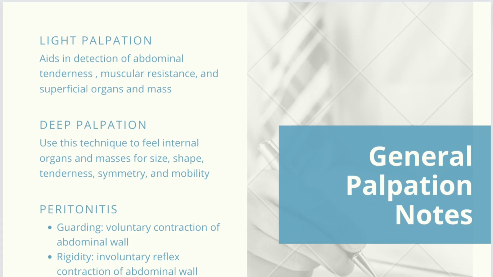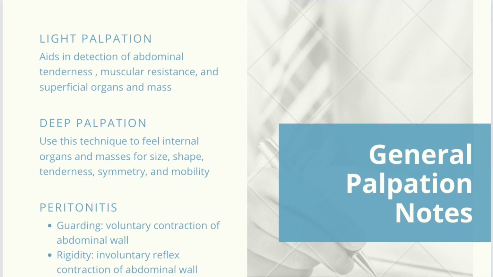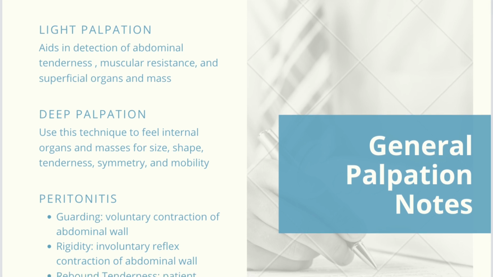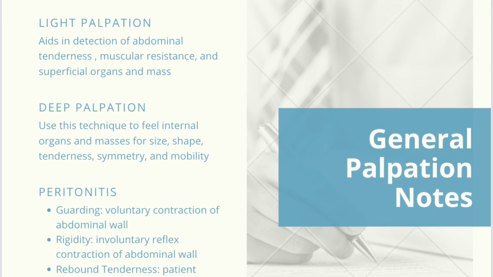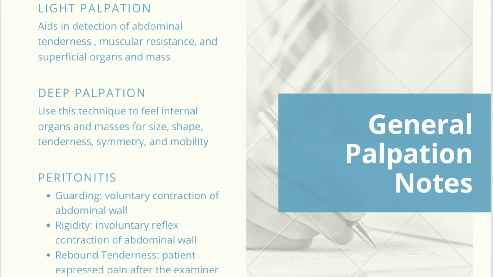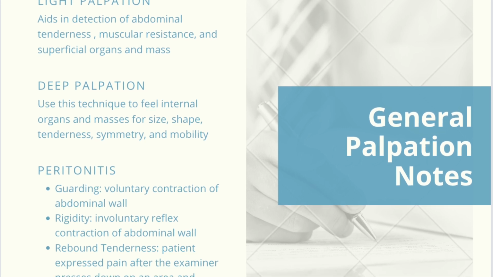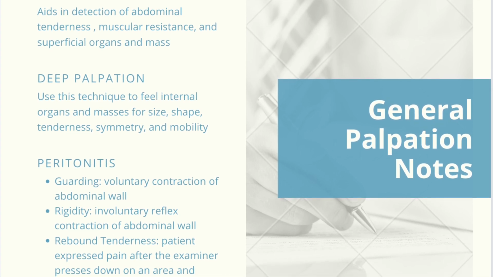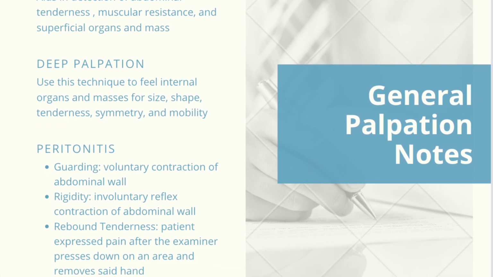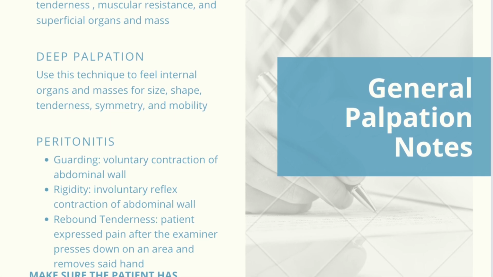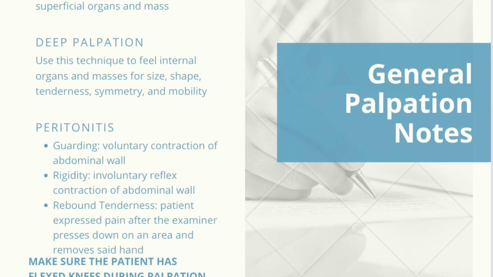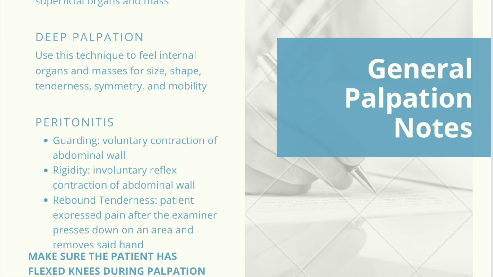When doing palpation of the abdomen, you can do it in two ways. First, a light palpation that aids in detection of abdominal tenderness, muscle resistance, and superficial organs and masses. Then you do deep palpation, using this technique to feel internal organs and masses for size, shape, symmetry, and mobility. You should look for guarding, the voluntary contraction of the abdominal wall; rigidity, the involuntary reflex contraction of the abdominal wall; and rebound tenderness, which is when the patient expresses pain after the examiner presses down on an area and removes the hand.